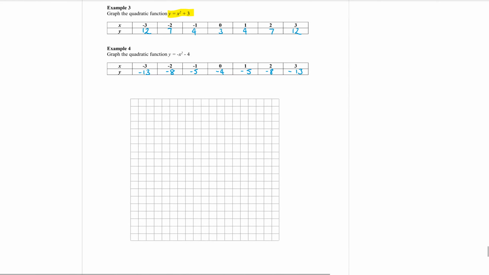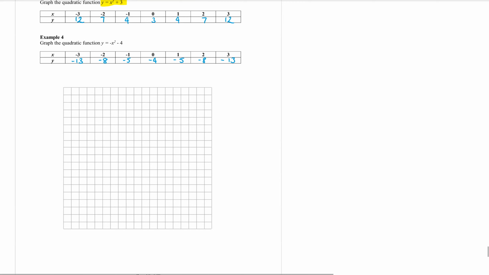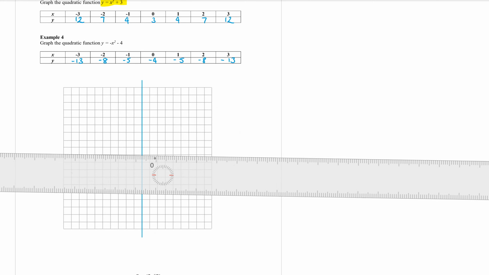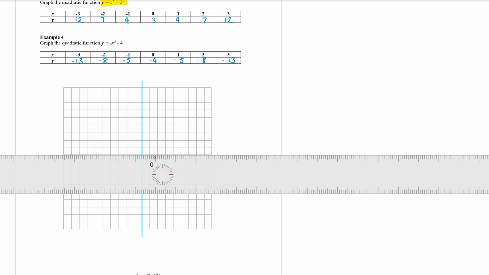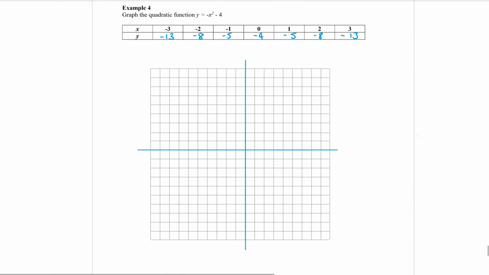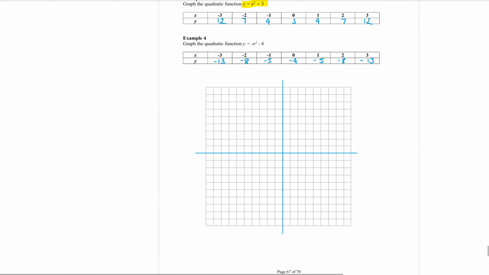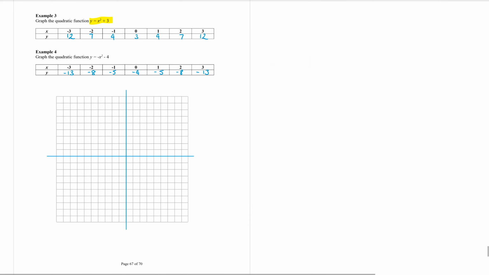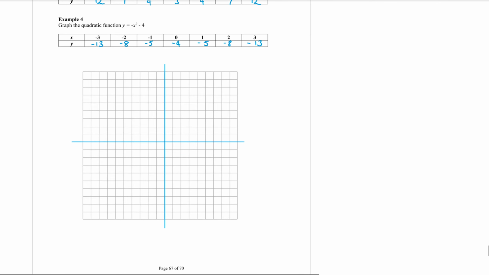Okay, so to draw those on the Cartesian plane, I'm just shrinking it down so I can fit it on the page. Now, because I have some quite large numbers in here, going up to 12 and 13, I'm not going to be able to fit those outside values on there.